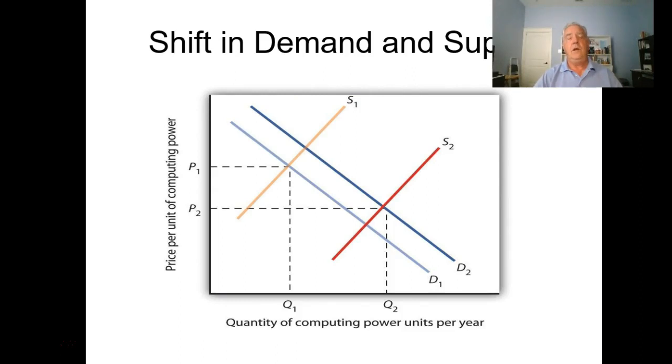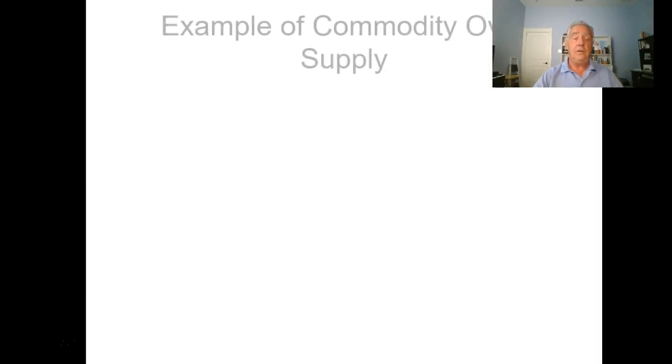The quantity supplied will increase from Q1 to Q2. Again, we're going to buy more at lower prices, but we also have had an increase, let's say, in income, so we can buy more. And therefore, the producer is going to react to that and produce more units for us to buy because he makes more profit.